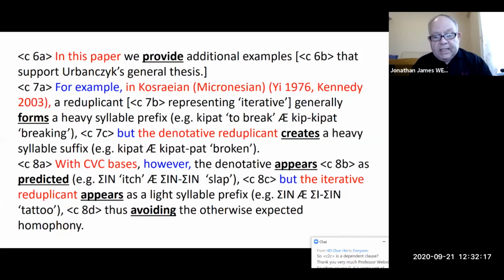And so in academic writing, you begin to see there's a lot of embedding because you pack all this information in a reduplicant. What about this reduplicant? Which is representing iterative. Again, it's like a relative clause, modifying reduplicant. So 7b is also an embedded clause.